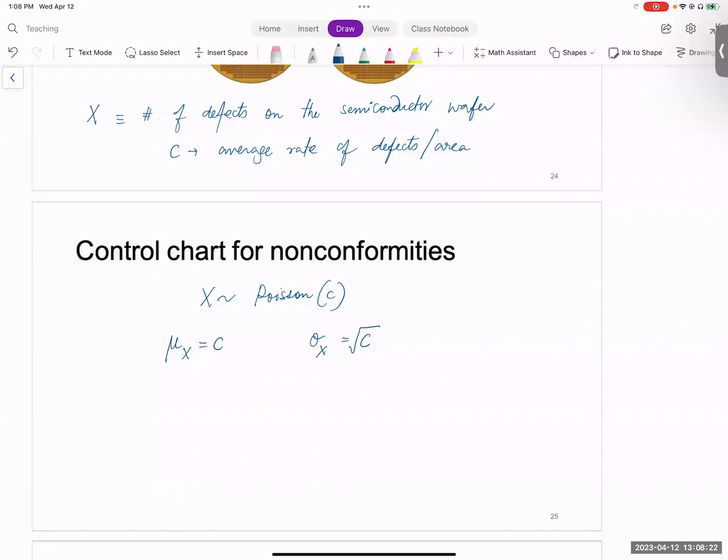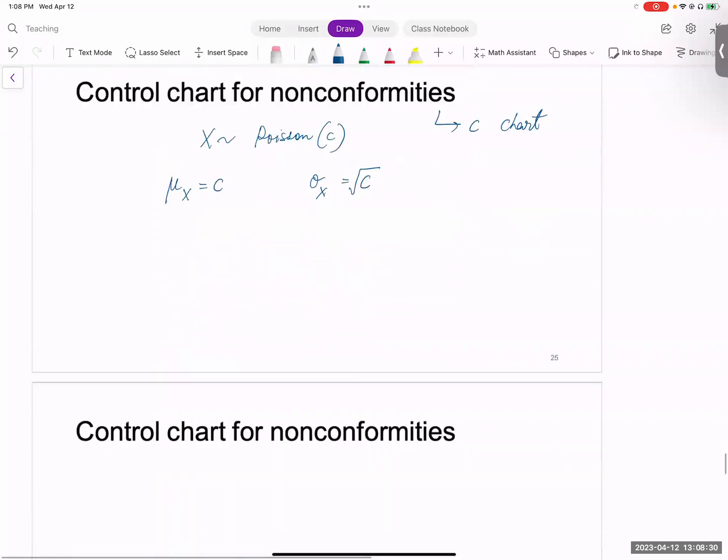The resulting control chart for the number of non-conformities is called a C chart. Your UCL is C plus 3 square root of C, CL is C, and LCL is C minus 3 square root of C. This is the easiest control chart that you might have seen so far.